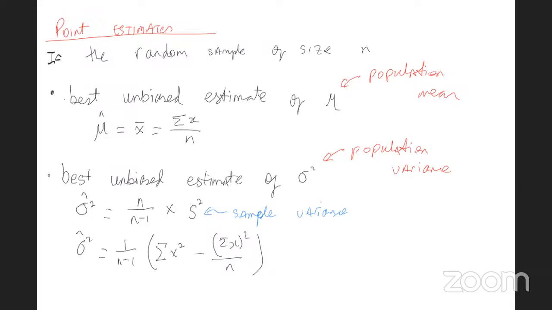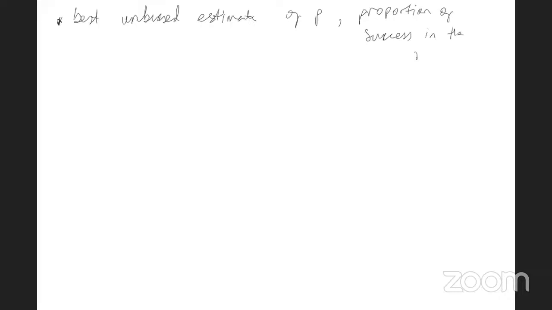This one will be kind of new. It's the best unbiased estimate of P. This one will be a little bit new. This is the proportion, kind of like probability, the proportion of success in the population. It's kind of the same way you would find probability.